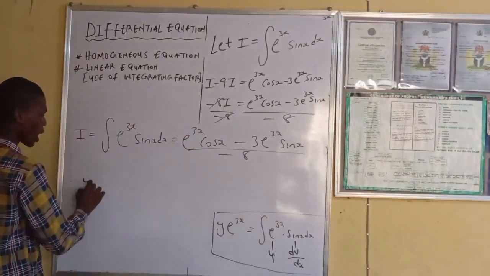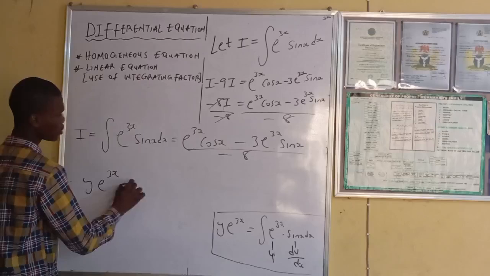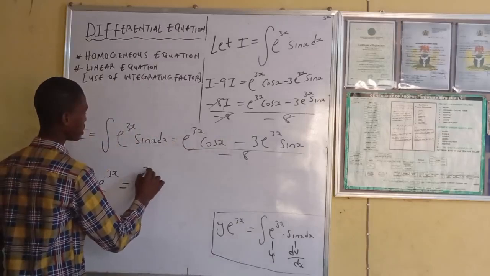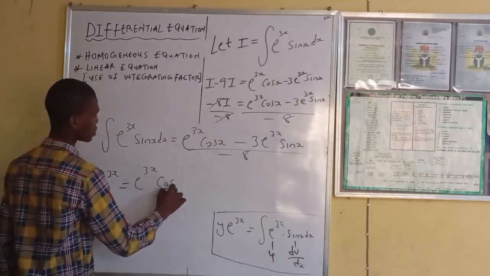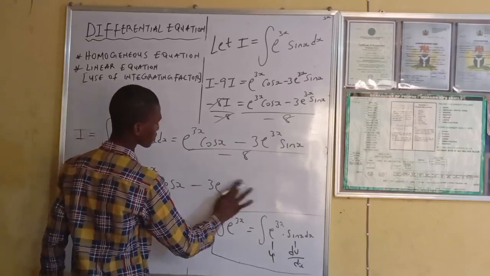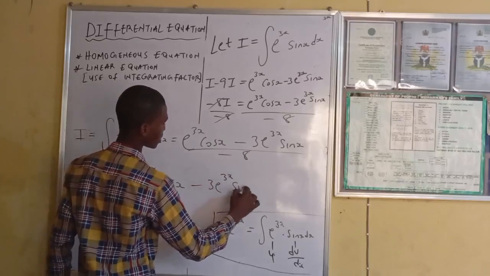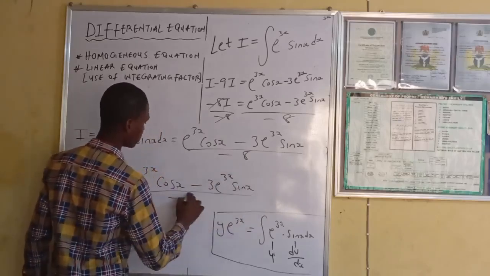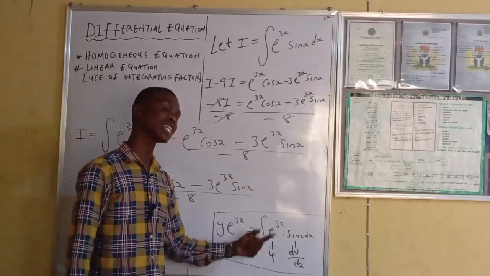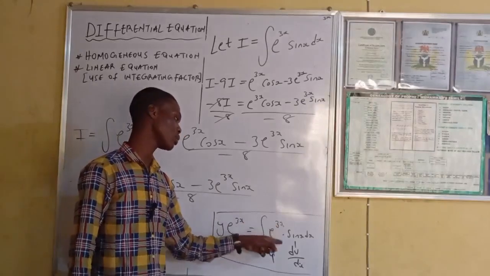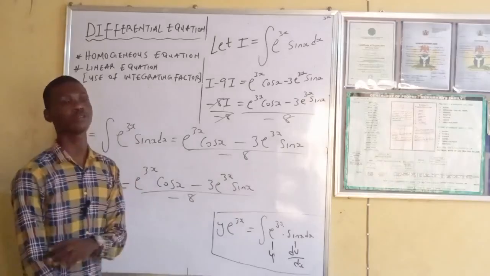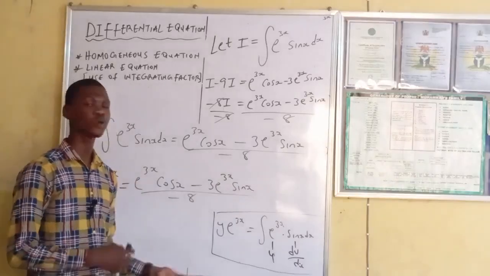It means y exponential 3x is equal to, bring the whole of this there, exponential 3x cos x minus 3 exponential 3x sin x divided by minus 8. It means that the integral of the right hand side, which is exponential 3x dot sin x dx, is this expression. So that's how it works.